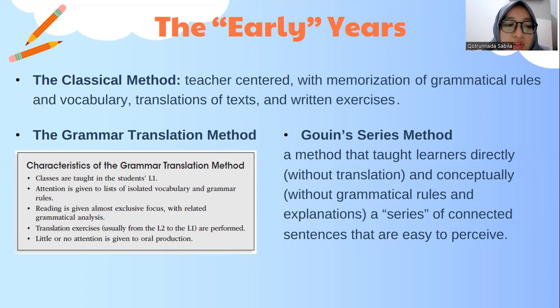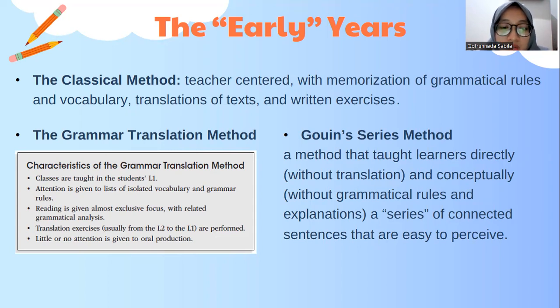and the characteristics are: classes are taught in the student's L1 or native language, and attention is given to lists of isolated vocabulary and grammar rules. Reading is given almost exclusive focus with related grammatical analysis, translation exercises are also performed, and little or no attention is given to oral production.